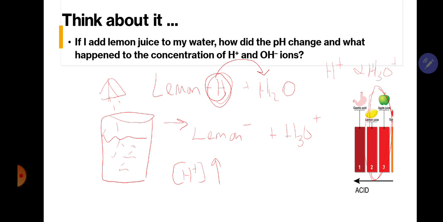But because lemon juice is so acidic, the pH is going to go down for the water. Our pH of the water was 7, assuming it was pure water, but when I add lots of hydrogens, my pH goes down. So our hydrogen concentration and our pH have an inverse relationship. And again, if our hydrogen concentration goes up, our OH concentration goes down because all those OHs are binding with the hydrogen.